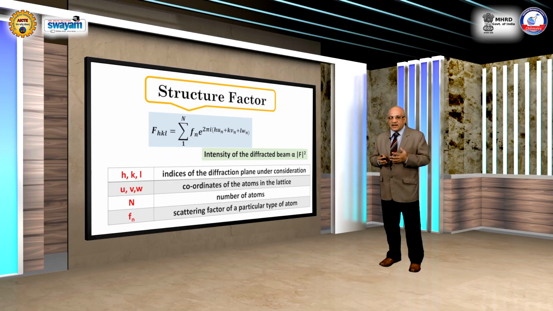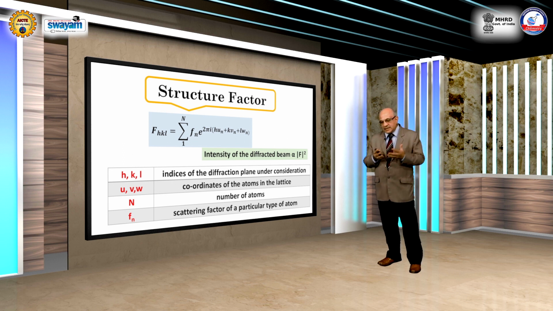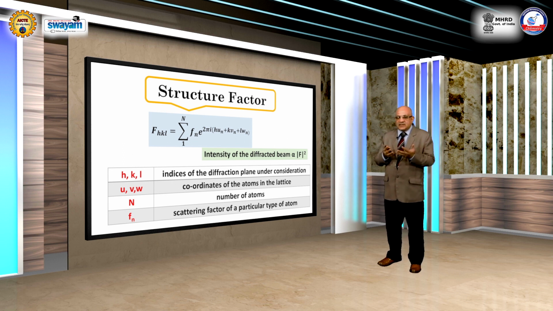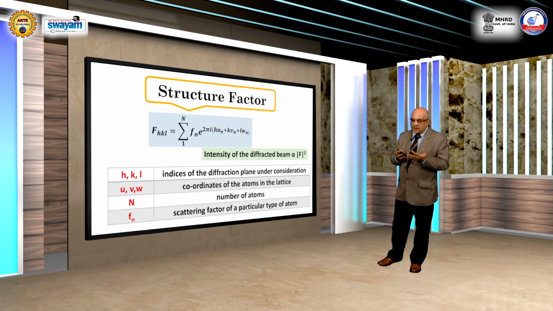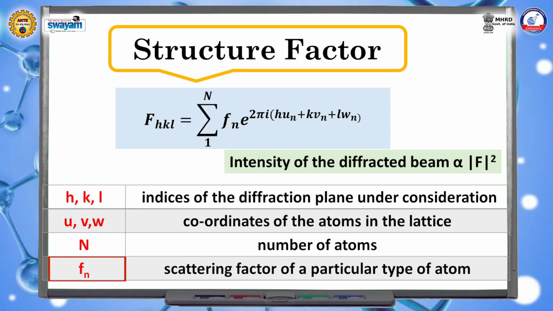The structure factor actually is given by such an equation. So, if you have an HKL plane in which there are certain atoms, and if there are n number of atoms, then each atom will have a scattering factor that is given by small f_n.